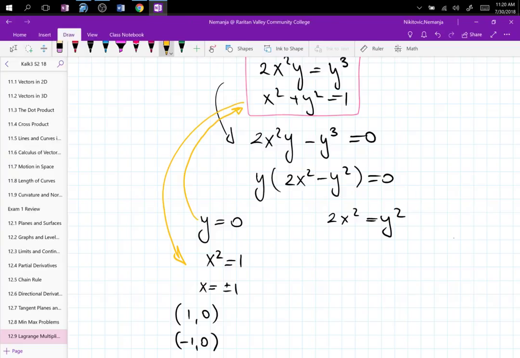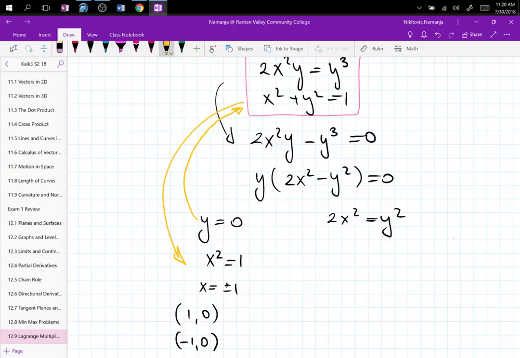Is this better? So yeah, as I feed y equals 0 here, that kills y, giving me x squared equals 1. You square root both sides, you get plus minus 1. So now we obtain the first 2 points that we will have to compute z values for. You compute that from the objective equation.